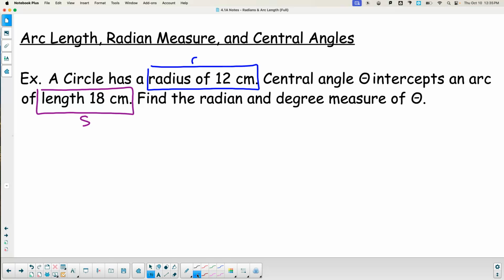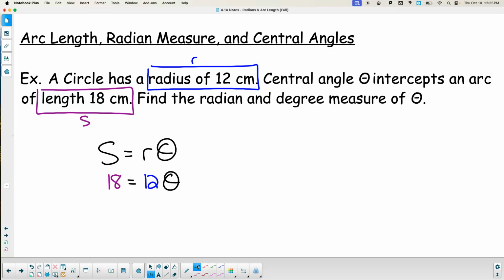We know that S is equal to R times theta. S equals R theta. So if S is 18 and R is 12, we can find theta.